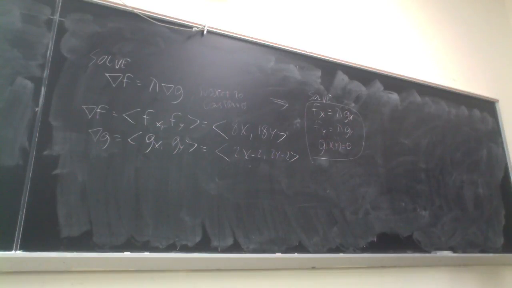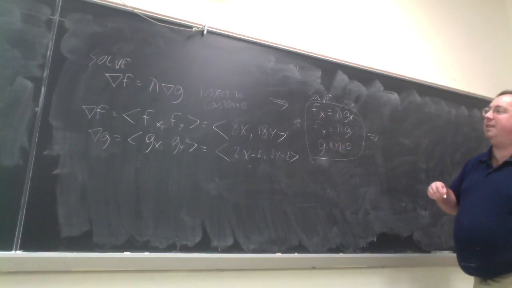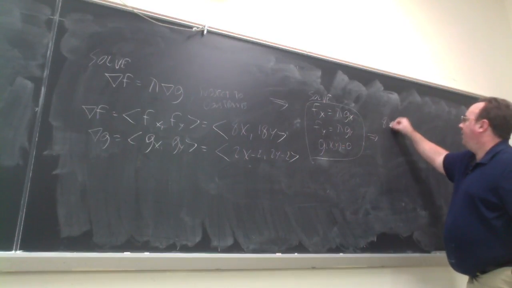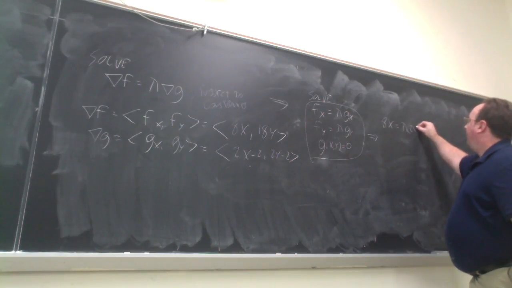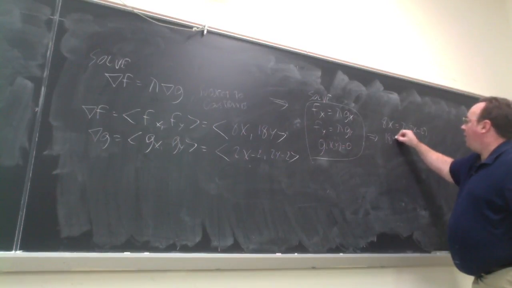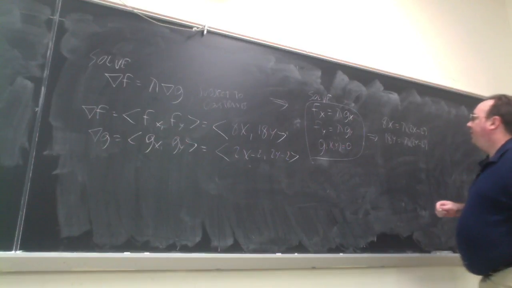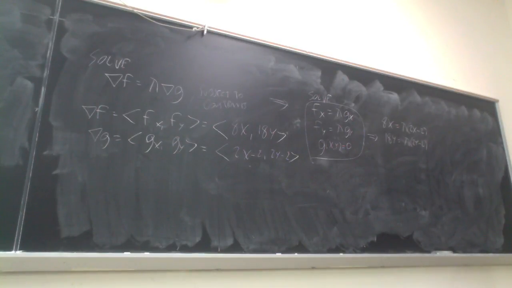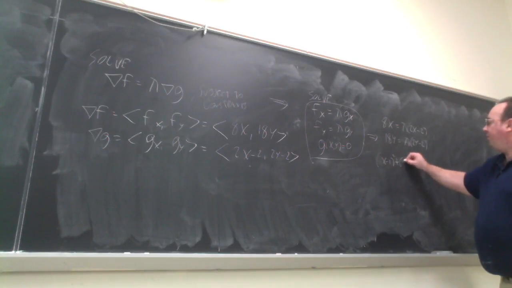So in this case, with this particular f and g, we're going to have, okay, fx is equal to 8x, and then we have lambda times 2x minus 2, and then we have 18y is equal to lambda times 2y minus 2. And then we must have x minus 1 squared plus y minus 1 squared is equal to 4.